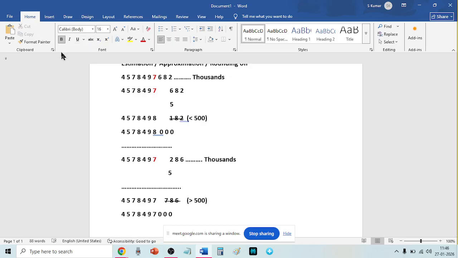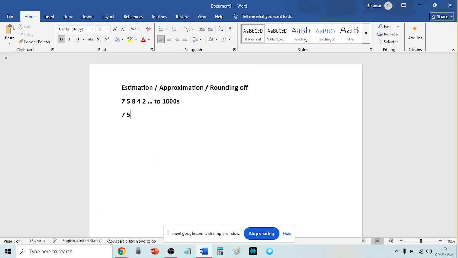So when it is more than 500, you increase by 1. So 7 becomes 8 when it is more than 500, and 7 remains 7 if it is less than 500. The original 7,000 becomes 8,000 when the remaining part is more than 500, and 7,000 will remain 7,000, no change, if it is less than 500.